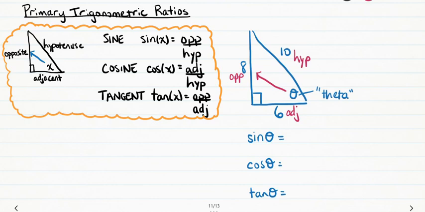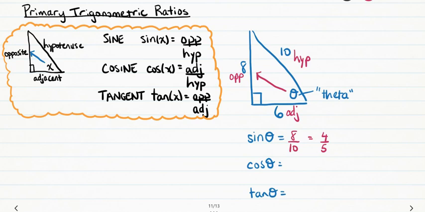So we know that the sine ratio of an angle is defined as the opposite side divided by the hypotenuse. So in this case, the opposite is 8, and the hypotenuse is 10 units. And we can simplify that ratio to 4 over 5, or we could write that as 0.8 as well. So the sine ratio for theta is equal to 4 over 5, or 0.8. The cosine ratio is defined as the adjacent side divided by the hypotenuse side.